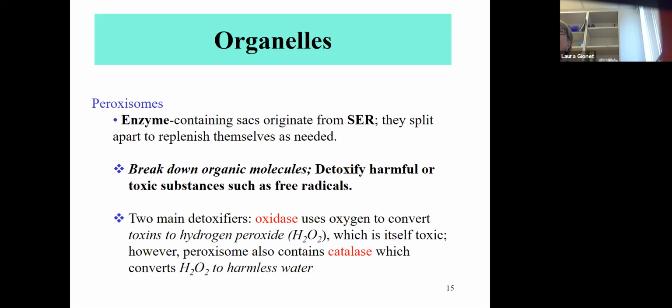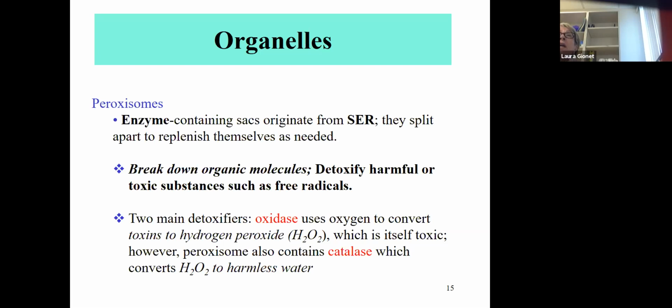Then we have peroxisomes. Now, peroxisomes have digestive enzymes, but for a different purpose. And I will say the cell models down in lab don't have an example of a peroxisome. They do have a lysosome, but they don't have an example of a peroxisome. But they are similar in appearance to a lysosome or any other vesicle. They're a membrane sac that contains something in the center.